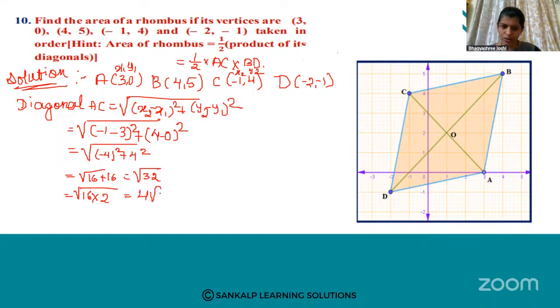So 4 into root 2. This is the value of AC, right? AC value is 4√2. Now we'll find out the value of BD, right? Diagonal BD.